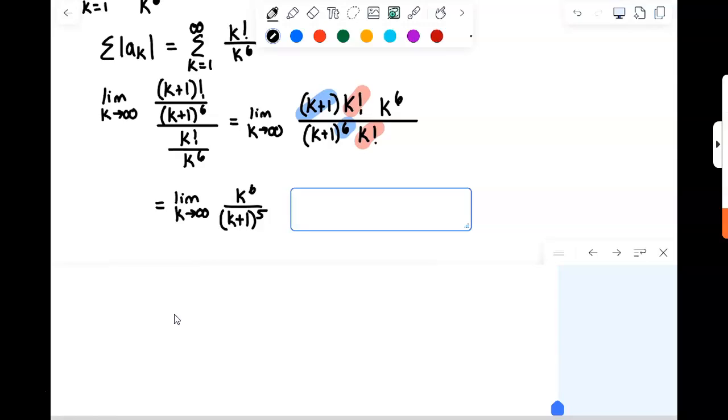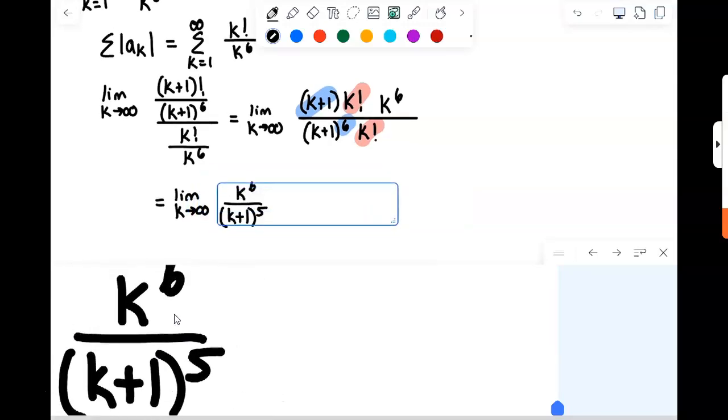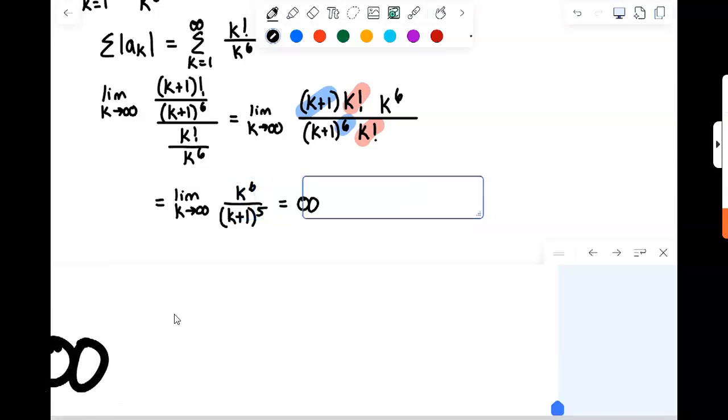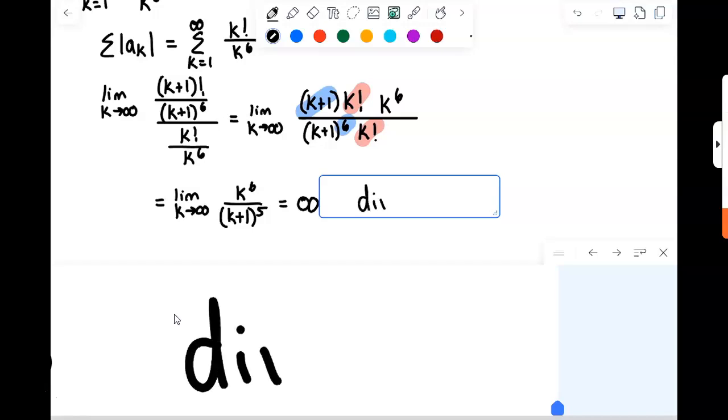There's going to be a bunch of other stuff, but k to the 5th is going to dominate. k to the 6th over k to the 5th is k. So the top is growing faster than the bottom. So therefore, this is going to infinity. So therefore, the absolute value series diverges.